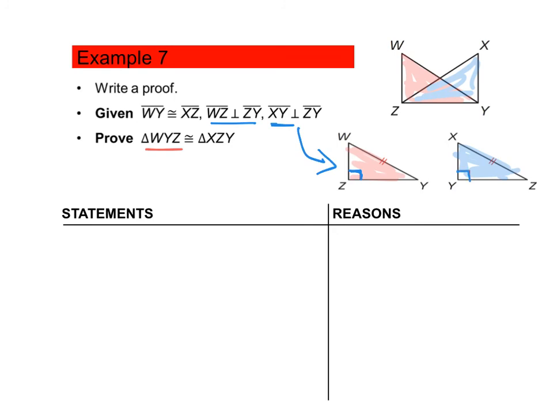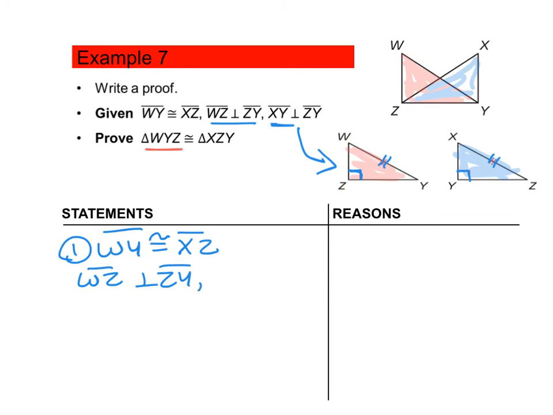Then they also gave me that WY was congruent to XZ, so that's why this has the two markings here. So let's go ahead and get your givens put into the proof. WY congruent to XZ, and WZ is perpendicular to ZY, and XY perpendicular to ZY.